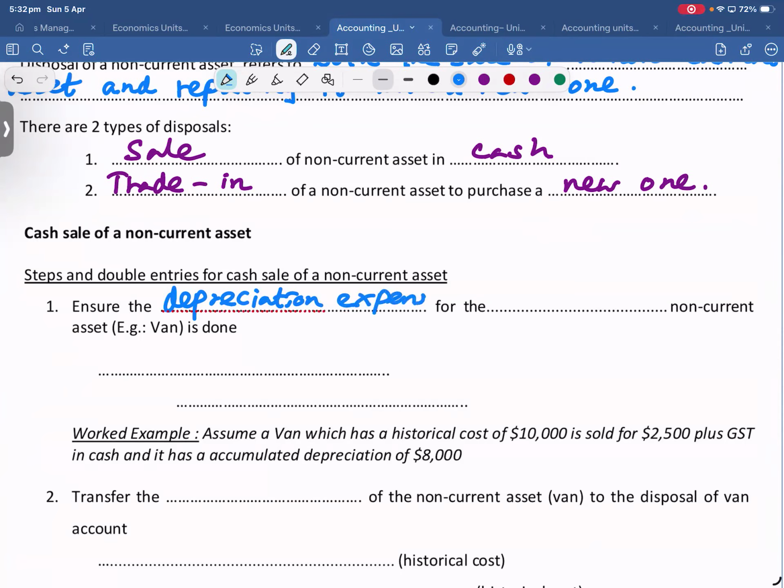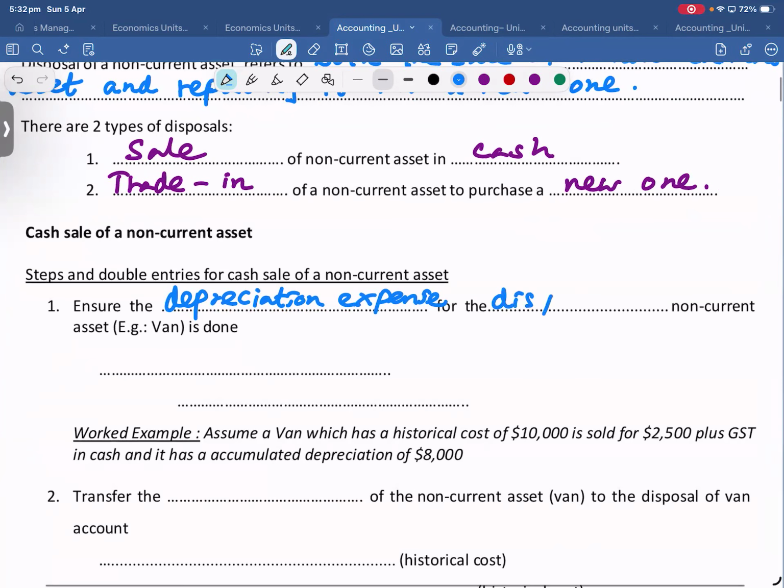Ensure the depreciation expense for the disposed non-current asset.